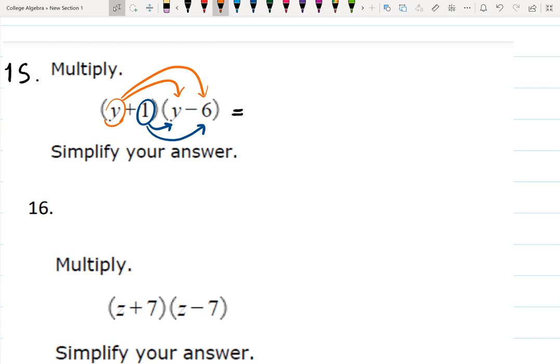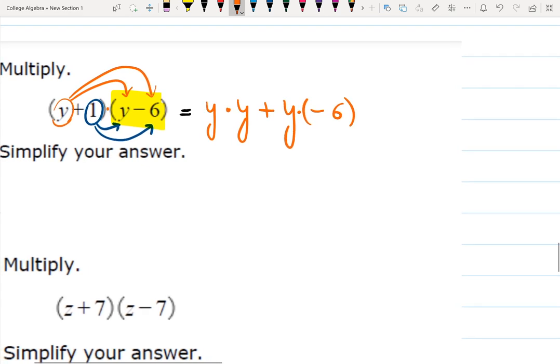So in orange color, I will multiply y. Y times the first term in the second parenthesis, here it is, gives me y times y, plus y times the second term in the second parenthesis, that's -6. And as you can see, I put parentheses like this, which is very nice because then I will not make a mistake in the future.